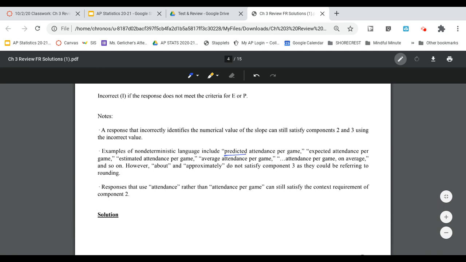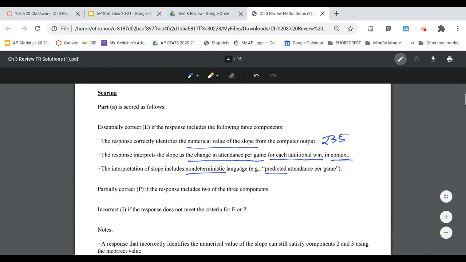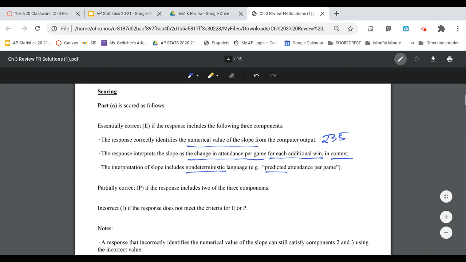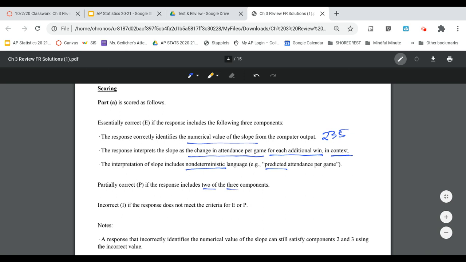So predicted would be good, expected, estimated, average, that kind of thing. They would not want things like about or approximately. This is not an ly word kind of thing. They want you to say that it's what's being predicted out of the least squares regression line. Okay. And then if you have all 3 of those things, you get full credit. If you got 2 of those 3, then you get partial. And if you have less than that, you get incorrect.